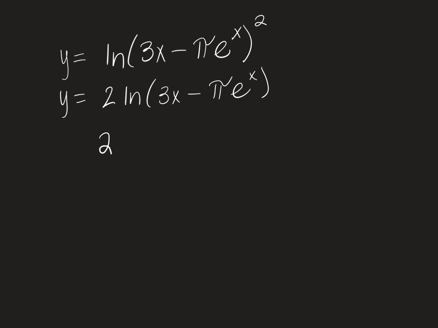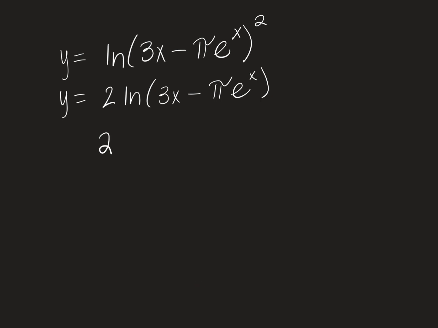It's 1 over whatever it's ln of, not just 1 over x. Like, the derivative of ln x is 1 over x. But if I have ln of x to the 500th, it's 1 over x to the 500th, and then times the derivative of that. Does that help? Yeah.